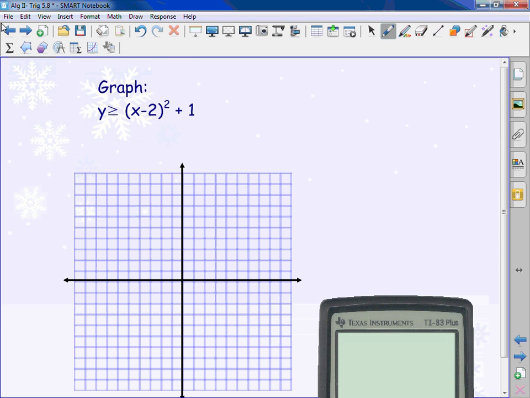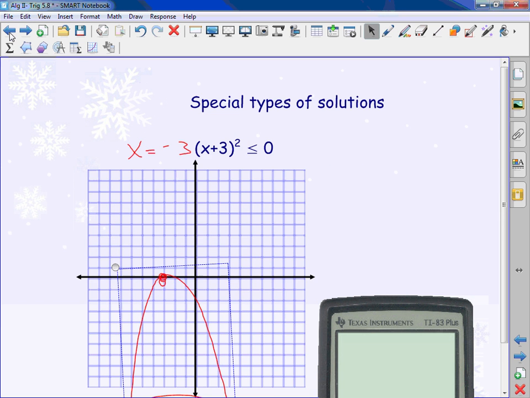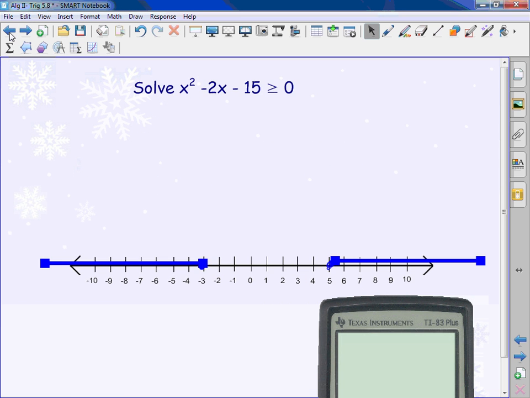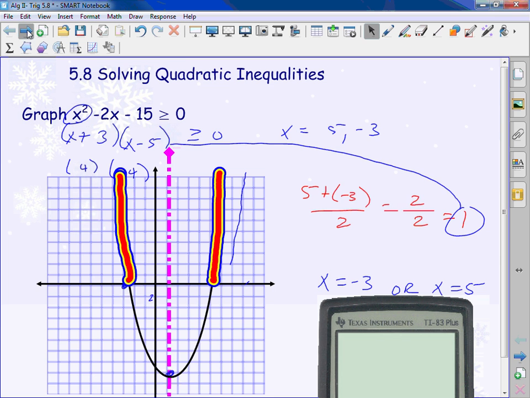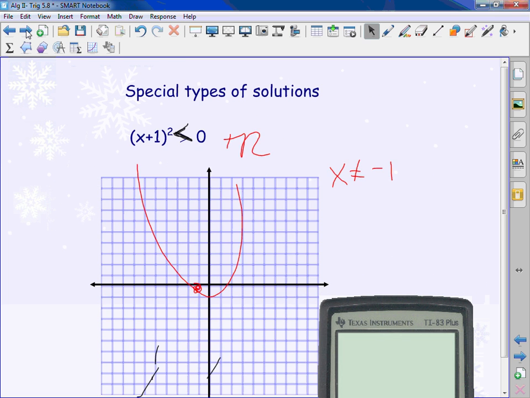Let's look at this problem. We're going to graph this one. Now, if I'm looking at this problem, how does this problem differ from this one? It has a negative. It has greater than or equal to y. Has a y in it.